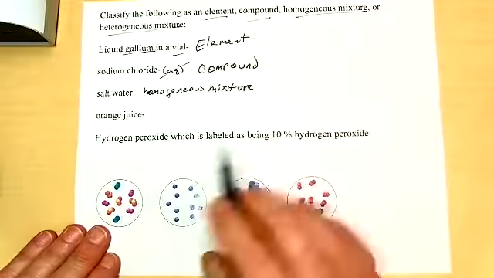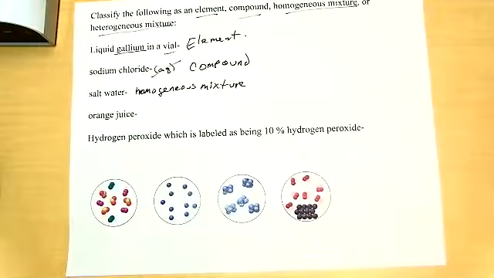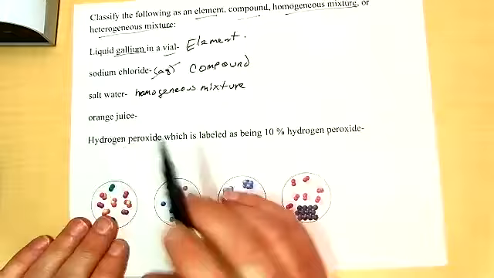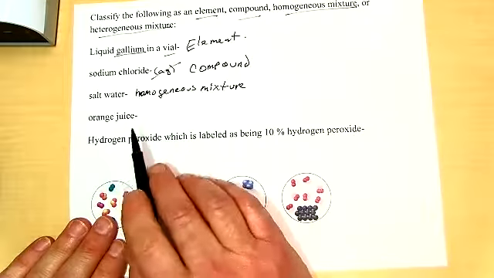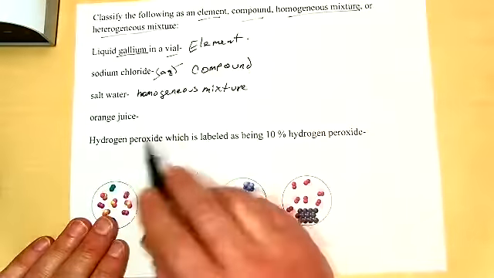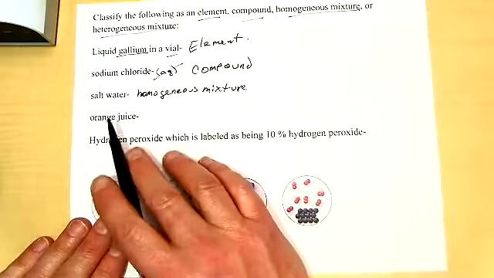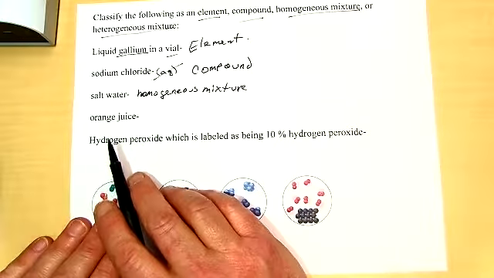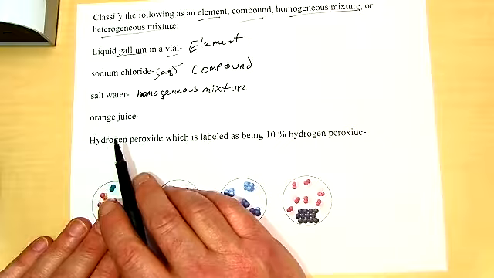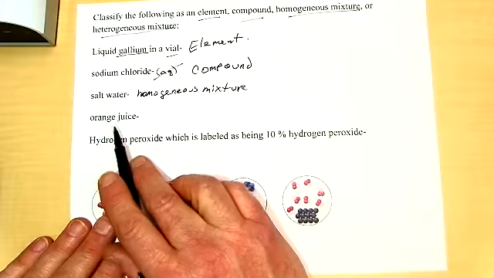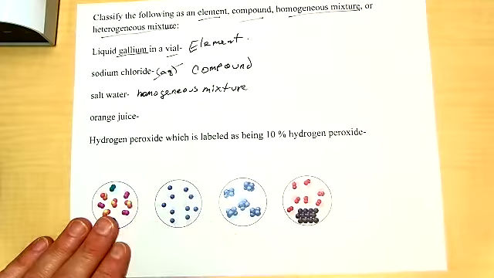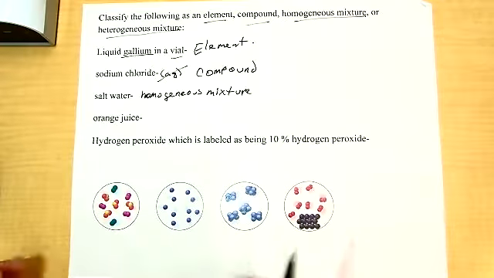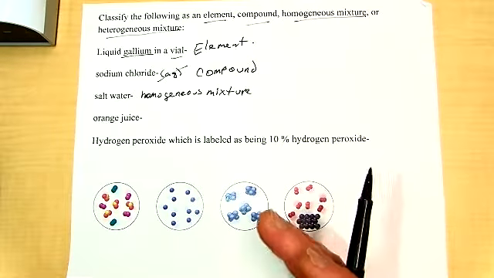All right, orange juice. Now, I think everybody knows that orange juice is not a pure solvent or a pure element or a compound. It's a mixture of things, right? There's water in there. There's some citric acid. There's all kinds of different things. And because you can't see through it, that means that there are some components of this mixture that are in a different phase than other components.